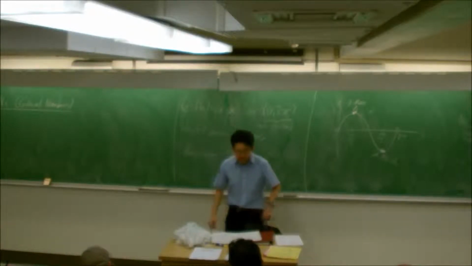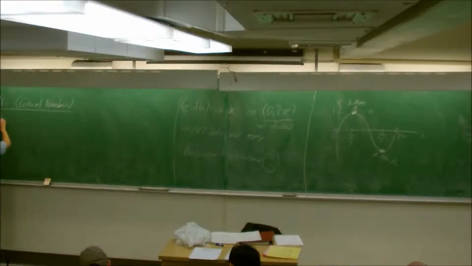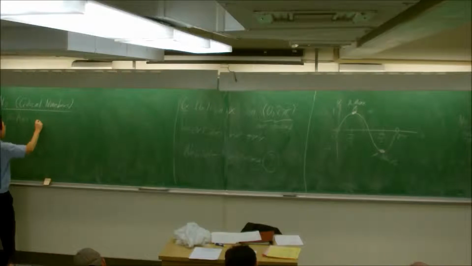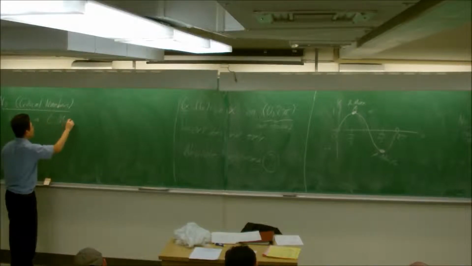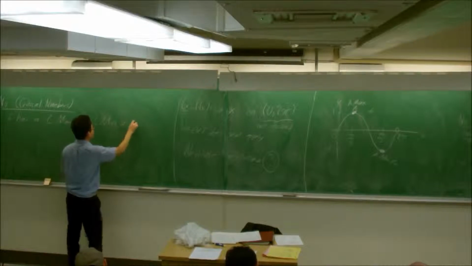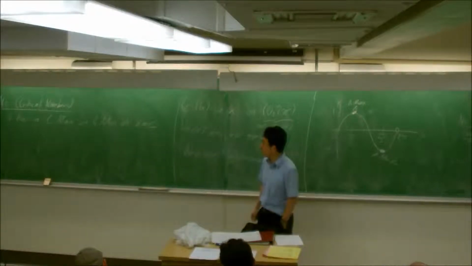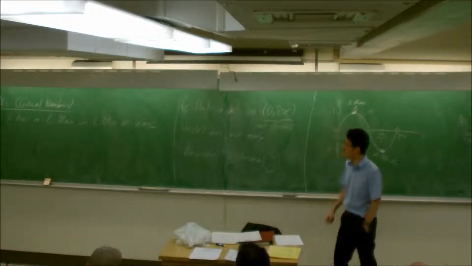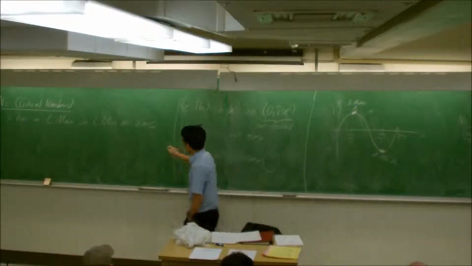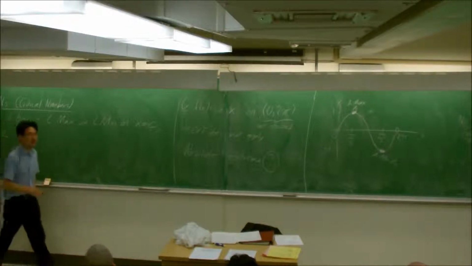All right. Now, what does the theorem here say? If a function f has a local maximum or local minimum at x equals c, where c is a real number, then what must be true about the derivative?